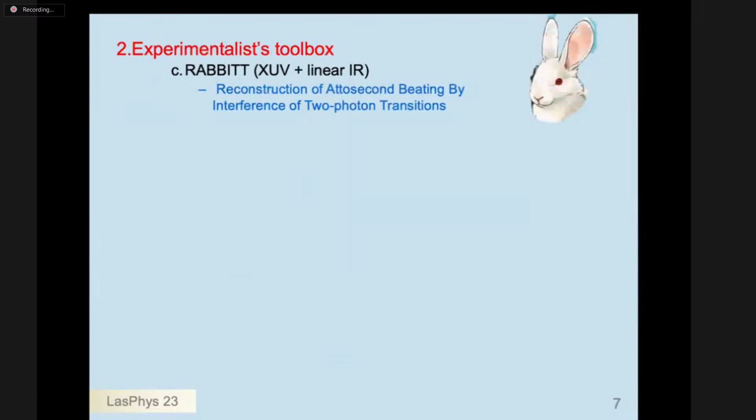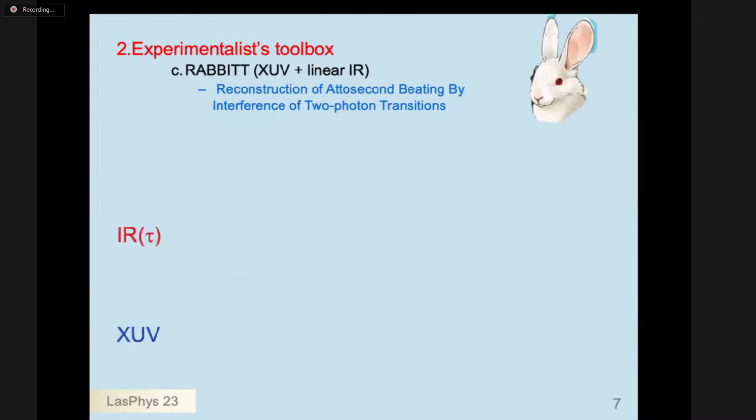In practice, the most common technique to characterize the timing of photoemission is the RABBIT, which is an acronym for reconstruction of attosecond beating by interference of two-photon transitions.